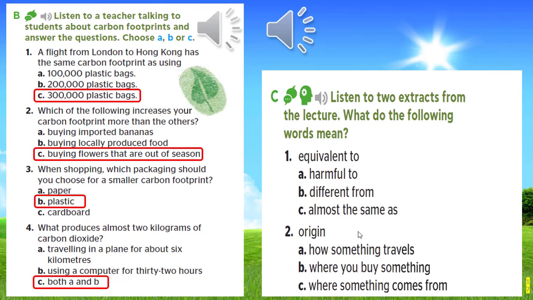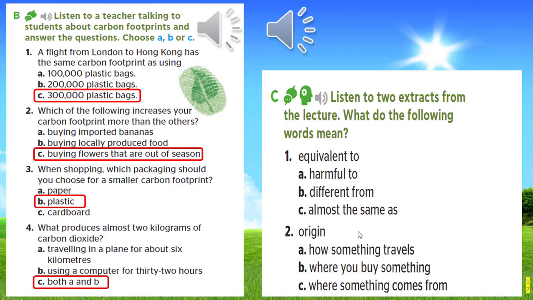Extract 1. Did you know that a direct flight from London to Hong Kong takes a little over 13 hours and produces carbon dioxide equivalent to using 300,000 plastic bags? So we can estimate that an 8-hour flight to New York would be about the same as using 200,000 plastic bags, and a flight to Athens, which takes almost 4 hours, is about 100,000 bags.